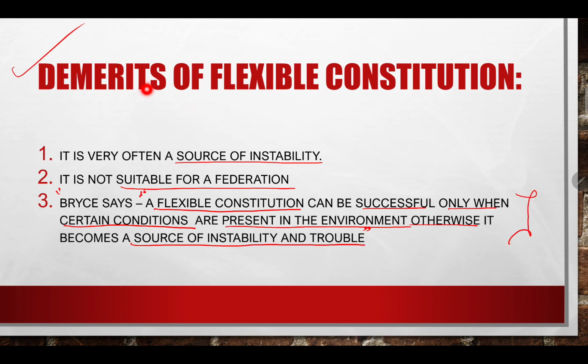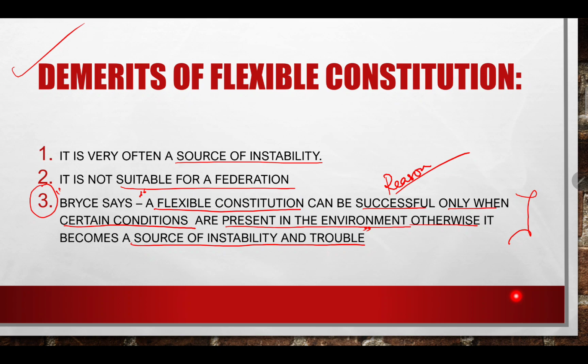Bryce says that, and he has given a reason why a flexible constitution will not be successful. It's his idea. So whenever you are writing the demerits of a flexible constitution, kindly write point number 3 according to Bryce, under his quotations.